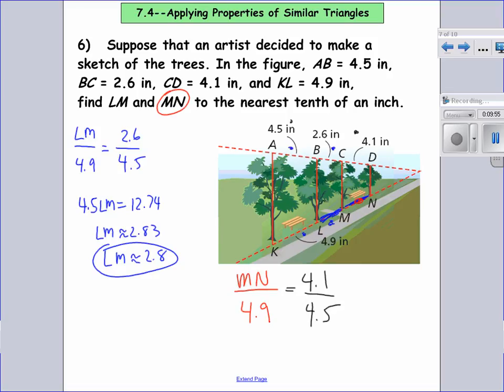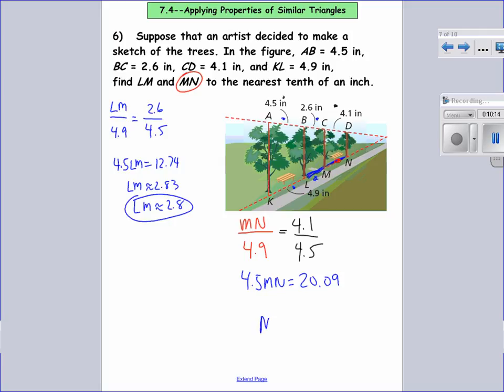Just using matching parts there. Okay, so let's see here. Cross multiply, and we get 4.5 MN equals 20.09, excuse me.